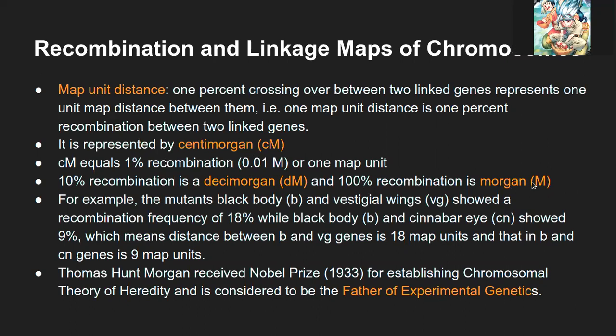No. So then 100% recombination is 1 Morgan. You multiply both sides by 100, right? 1% recombination is 0.01. So I guess I am confused now. You multiply both sides by 100, so you take the decimal point 2 places to the right. Recombination will be 1 Morgan, correct?